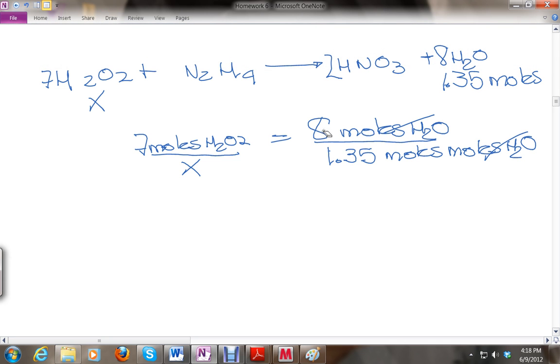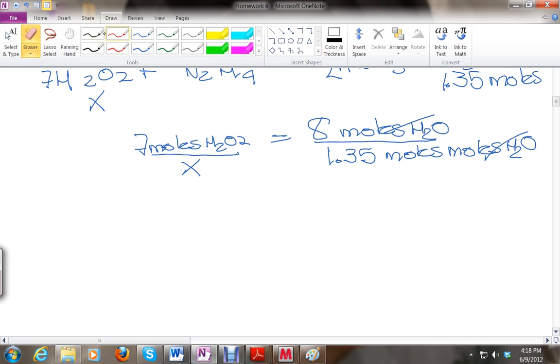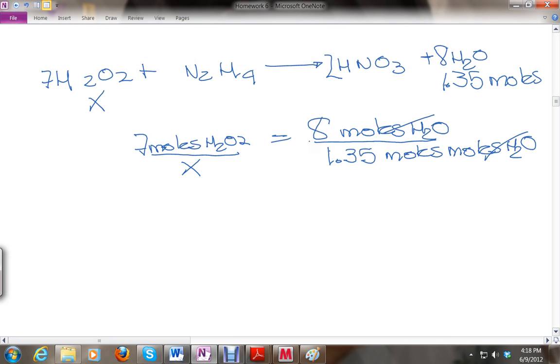Because you get this up, this down, and this up. So it's 7 moles of H2O2 multiplied by 1.35. Remember, the moles of water was canceled out.